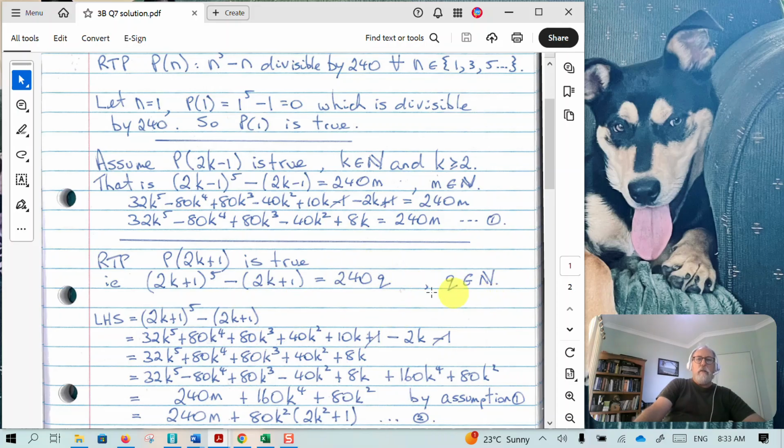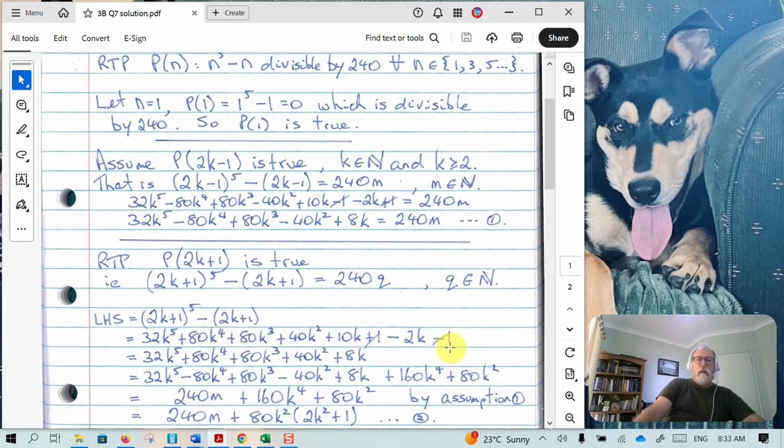Now I've just put a different integer q instead of m because it wouldn't be the same multiple. I began on the left hand side. (2k plus 1) to the 5th, we expanded that out in part A, so there it all is down to the plus 1 there. I have minus 2k minus 1.